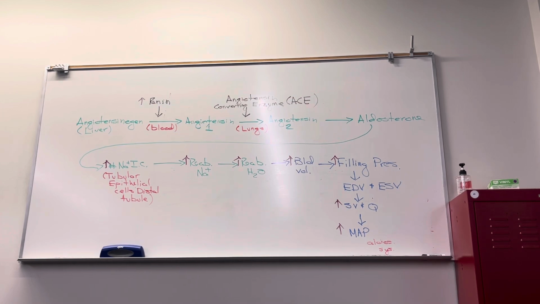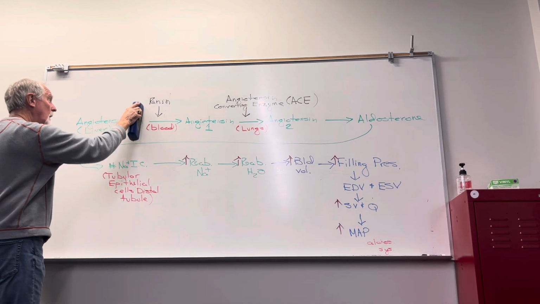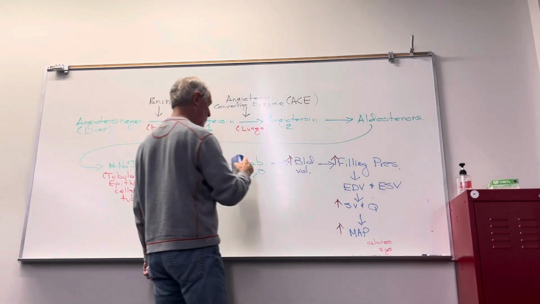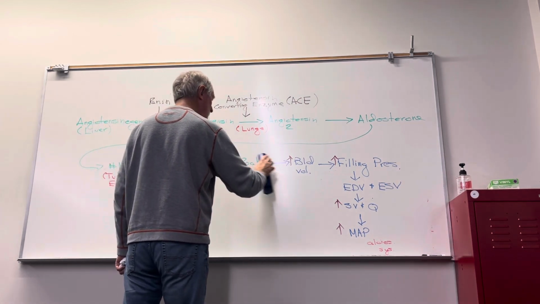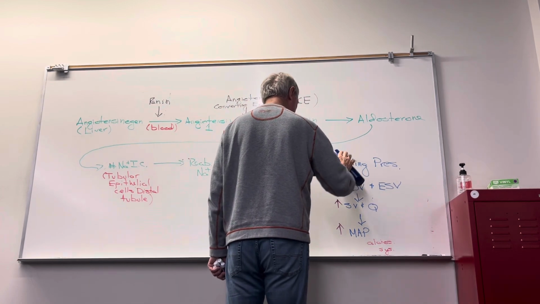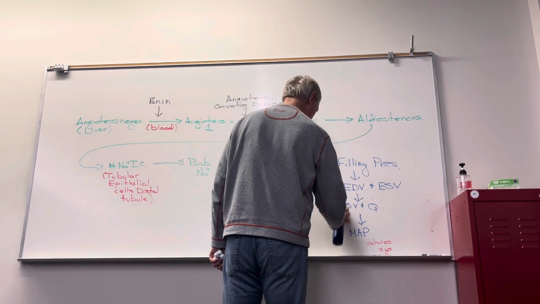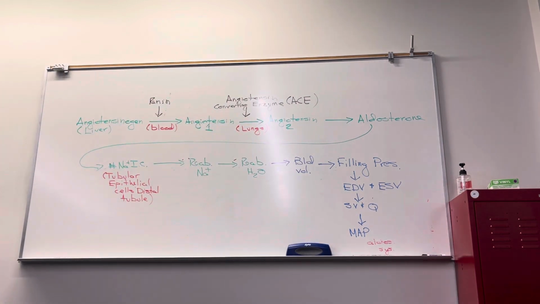All right, so now I want to talk about diuretics. And so we're going to start off in that diagram over there to your right, and we're going to talk about so-called ACE inhibitors.